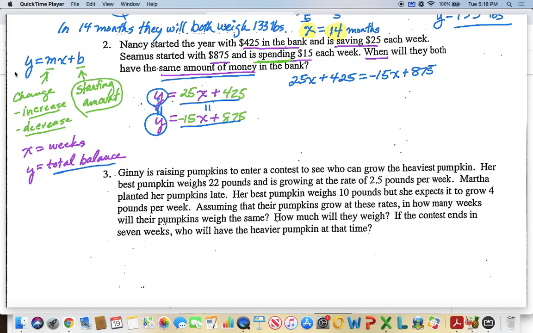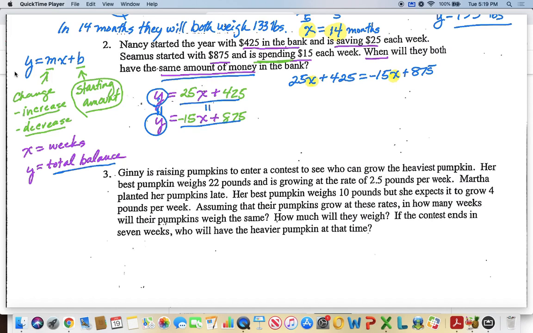All right, and now we use our problem-solving skills. The good thing about this is now we only have one variable. We have an x on each side, and we're trying to get this down to 1x on one side. So we're trying to isolate the x, and whatever we have left will be the solution to x.